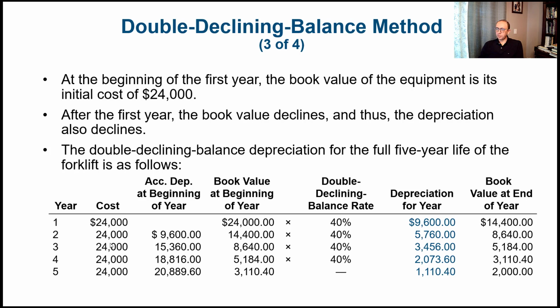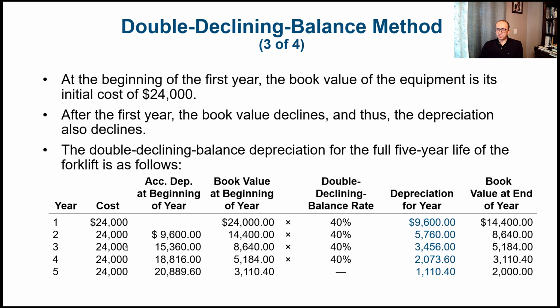To confirm, we can see that our cost for the third year is 24,000. Still the same. It's never going to change, by the way. We subtract from it its accumulated depreciation. And how did we get this? It's the previous accumulated depreciation plus what we had for depreciation expense in year 2, which gives us the accumulated depreciation for year 3.